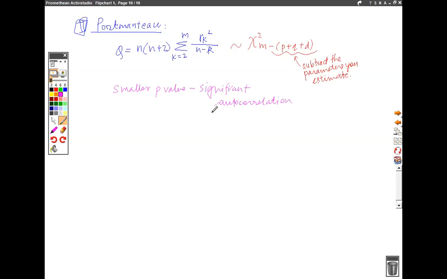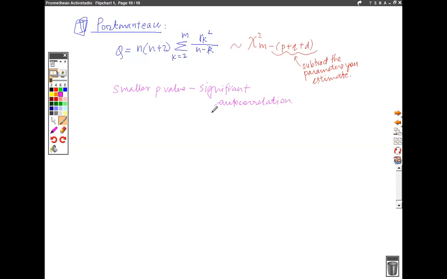There is one example given after this in your books, which is pretty straightforward, so you can do that on your own. They will give you some values for r, let's say till lag 6.